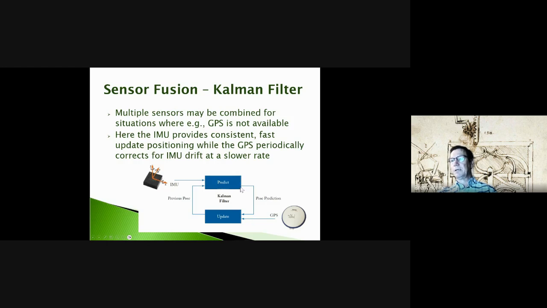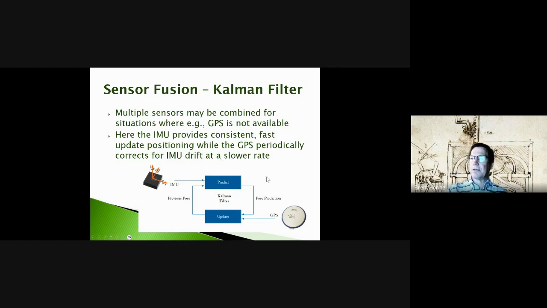And we update our pose, or location and orientation. But then we might want to correct it for any drift using our GPS. So it's an iterative process.